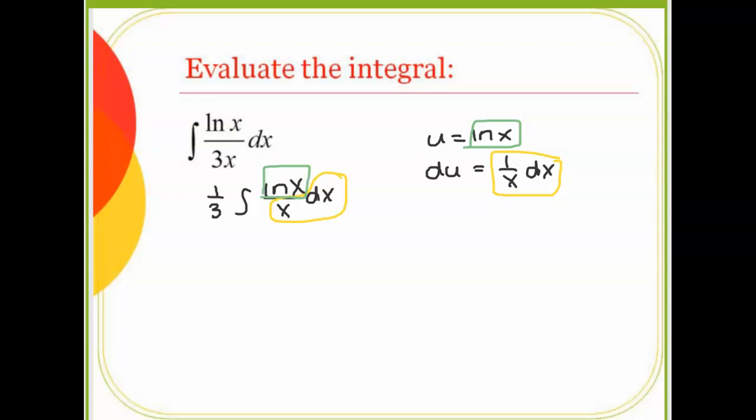And you can see how everything is replaced with u's. So the antiderivative for this becomes 1/3 the integral of u du, which is our most basic power rule.